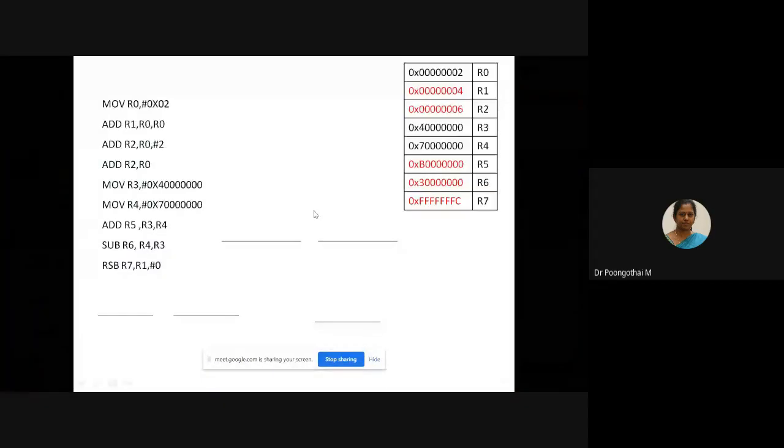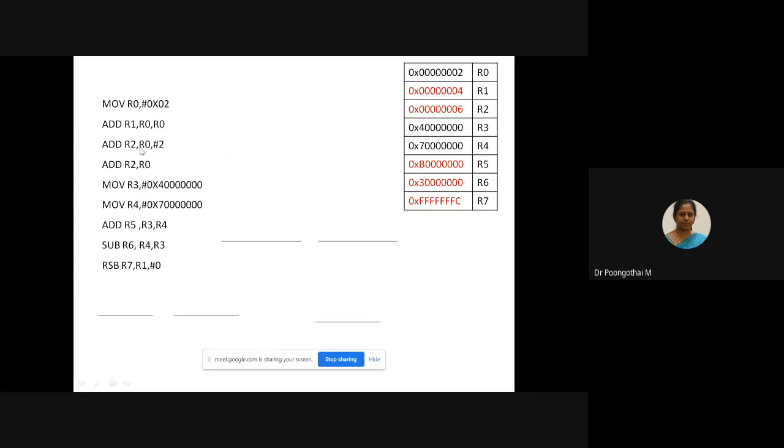So next we will explore 32-bit addition, subtraction, multiplication and division in more detail, okay? Just observe the program, just analyze the program. I have used 3 add instructions, there are 4 add instructions, 1 subtract instruction and 1 reverse subtract instruction, okay?